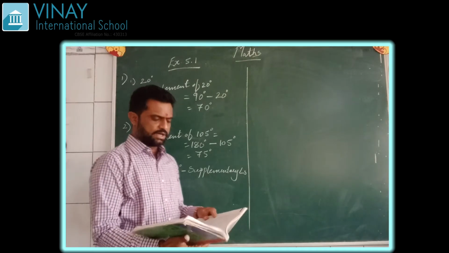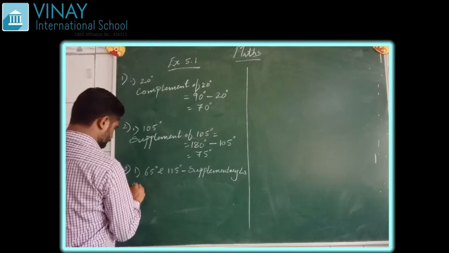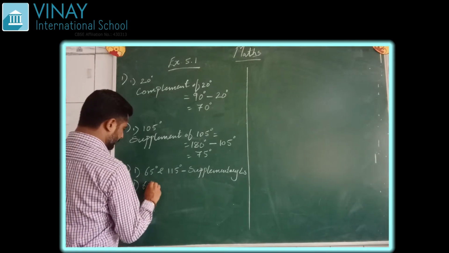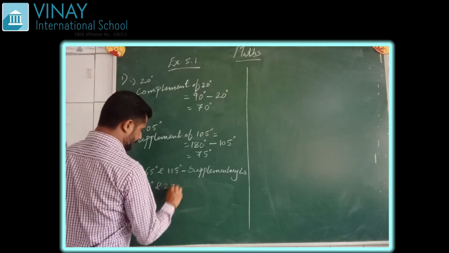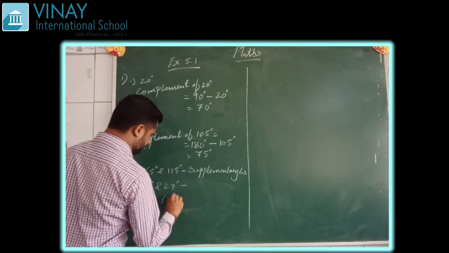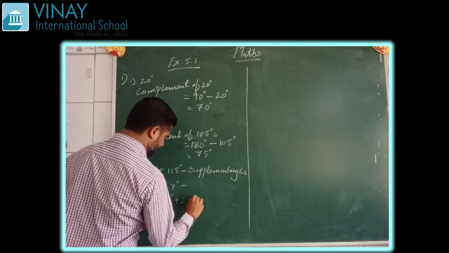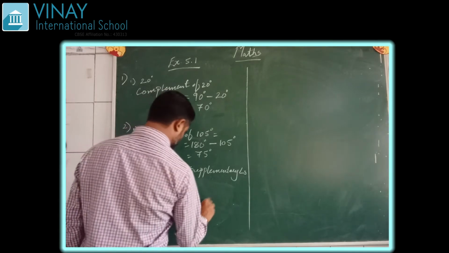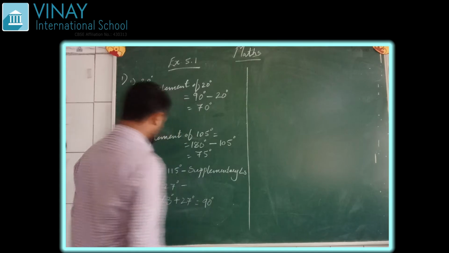And the second one is 63 degree and 27 degree. Again, if we add them, it will become 63 degree plus 27 degree, and it will become 90 degree.